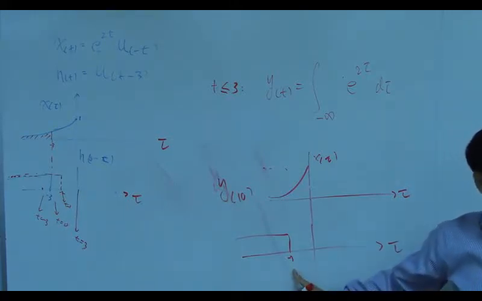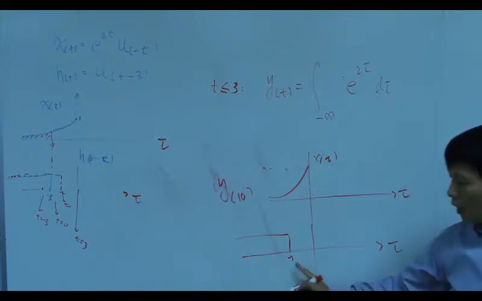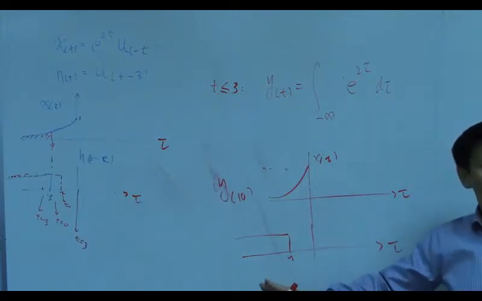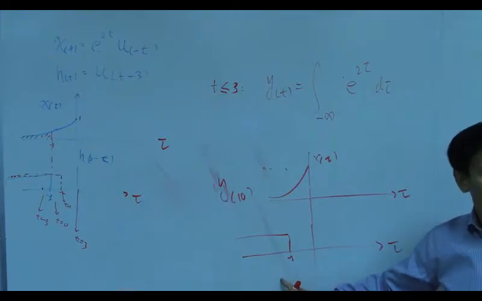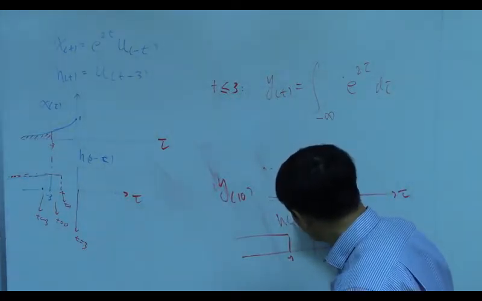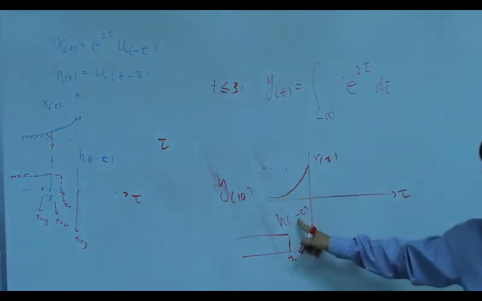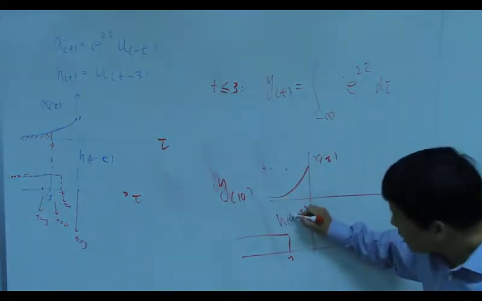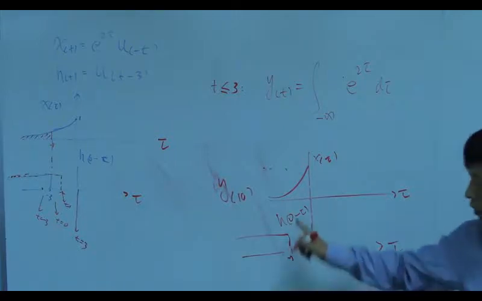Is this clear? You need to be clear on this point. If you just flip, do not shift, that corresponds to t equal to 0. Why? Because this one is h(negative tau). You flip. Minus 0, that means I can put 0 here.